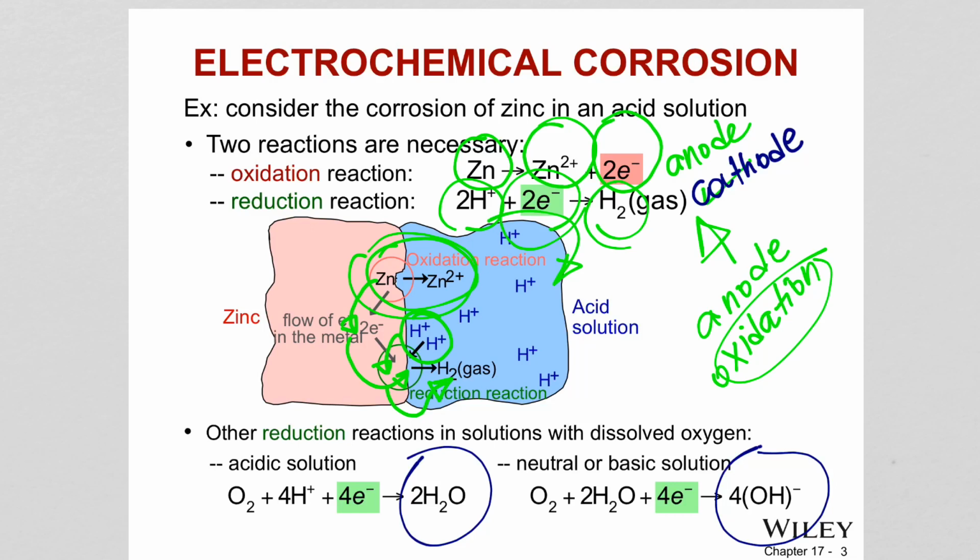In this case, because it is the same material, electrons can flow through the same material. But if you have two different materials, there has to be some electrical contact that will transfer the electrons from one place to another. And there has to be a liquid environment that can serve as an electrolyte, meaning the ion carrier. In this case, you see the ions are carried, like hydrogen ions, zinc is carried.